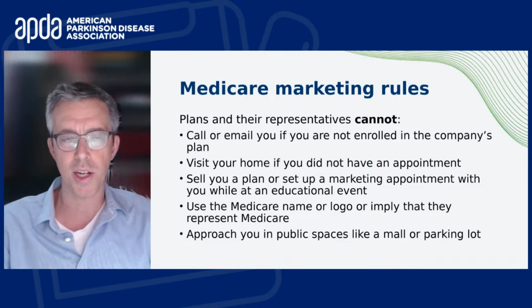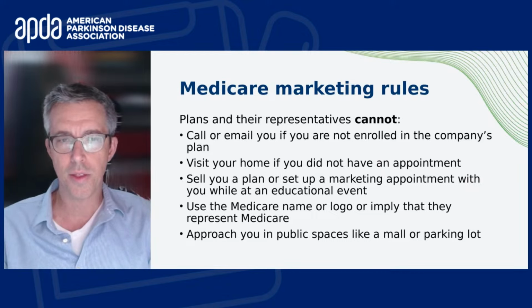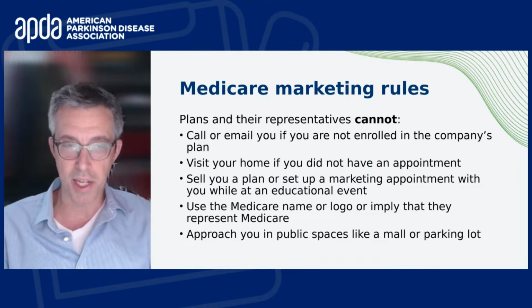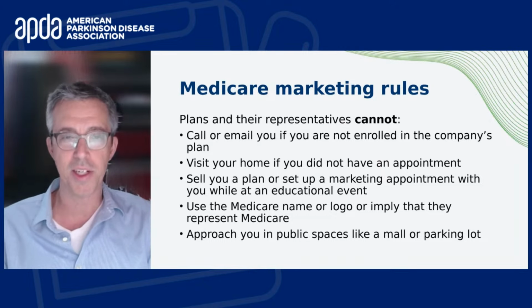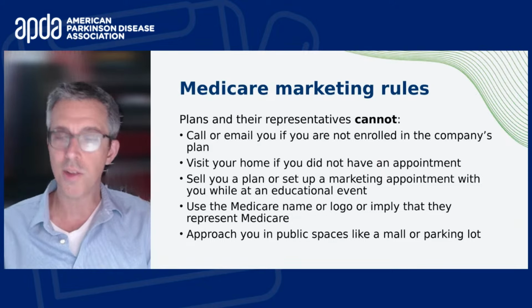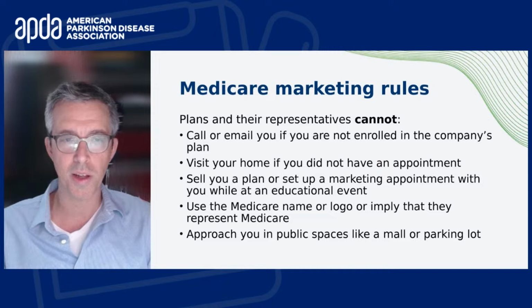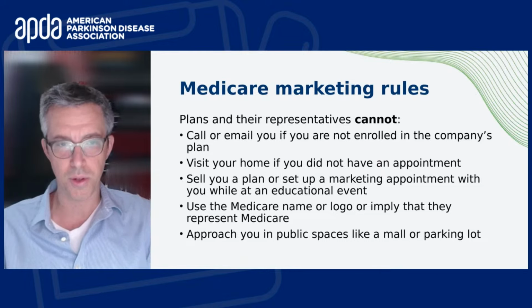All you have to do is sign up for this, and they don't really push too hard on what it is they're signing up for. They kind of let you lead the dance, and then you're signing something to get your card, and then you've just disenrolled from your plan, and now you're in a really tough spot. So it's really important to know they're not allowed to do those things.